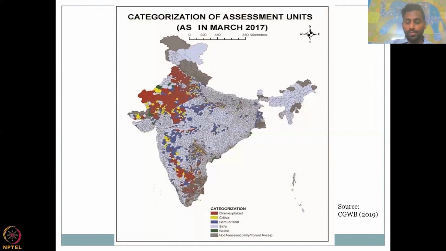So it is very, very important to understand this diagram very clearly, which is based on observation data taken every 4 months and also assessment of the recharge. So they know how much recharge is there and they know how much water is being extracted. If your recharge is less than your groundwater extraction, then you are overexploiting your aquifer or the water in your block.